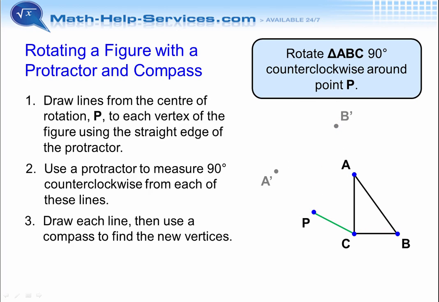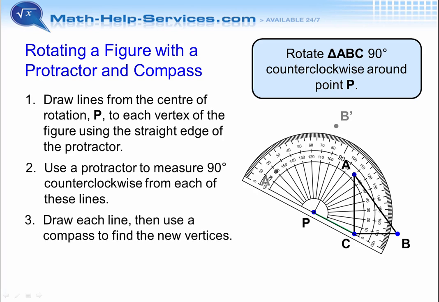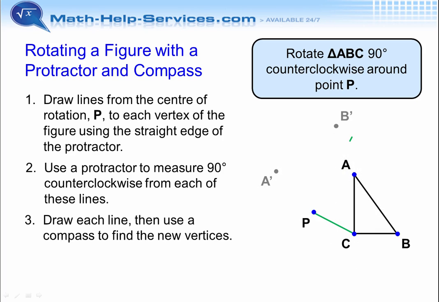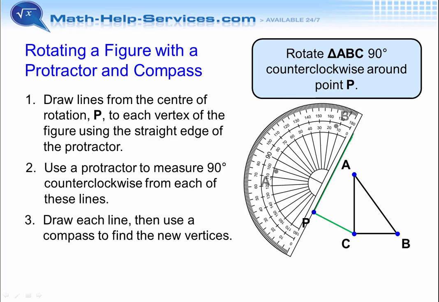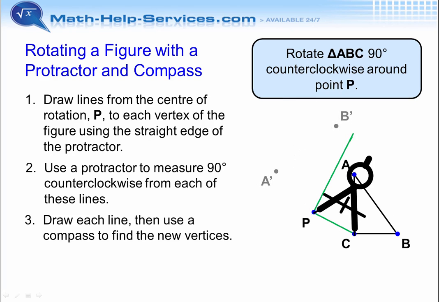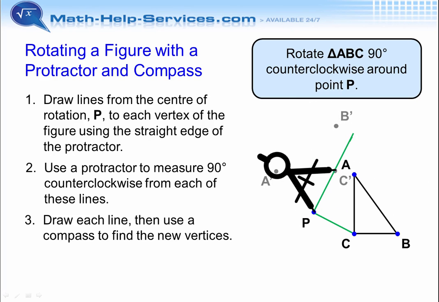Now we have B'. Now let's do the same for C'. Making the 90-degree counterclockwise mark, drawing our line, and then measuring the distance using a compass. We make our mark at C'. Now we simply connect the vertices, and now we have the image, triangle A', B', C'.